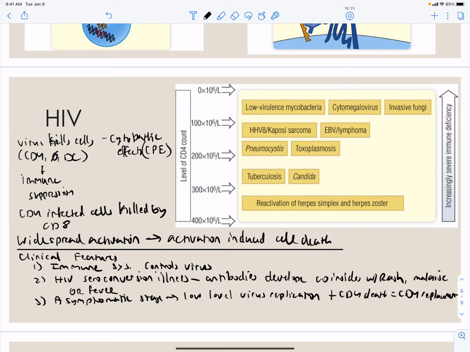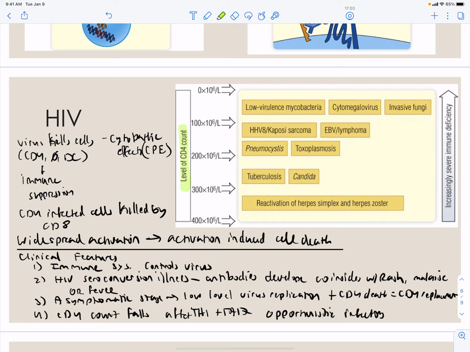So you're not at that critical stage yet. And then you're going to have a stage where your CD4 count falls. And this is going to affect Th1 plus Th17 responses, leading to opportunistic infections. And so this goes to this chart here.